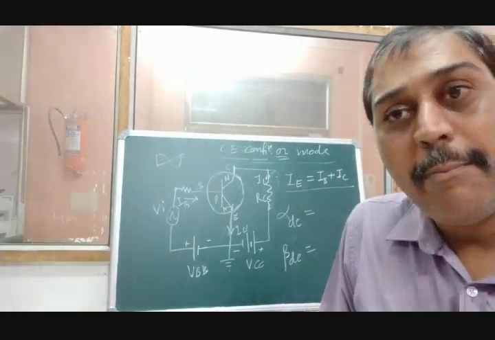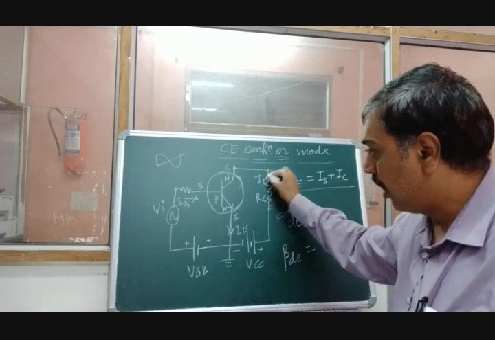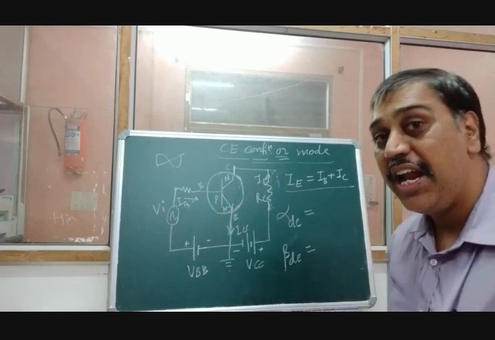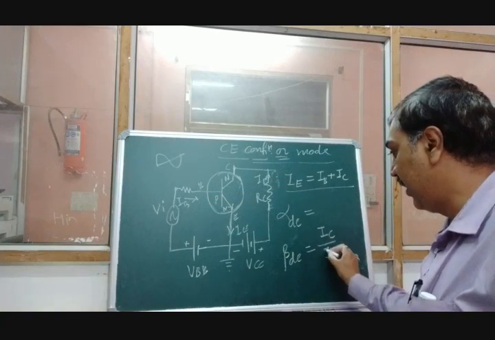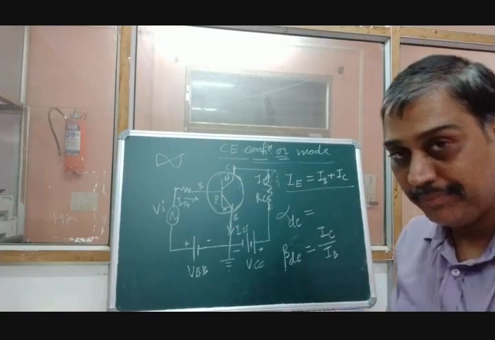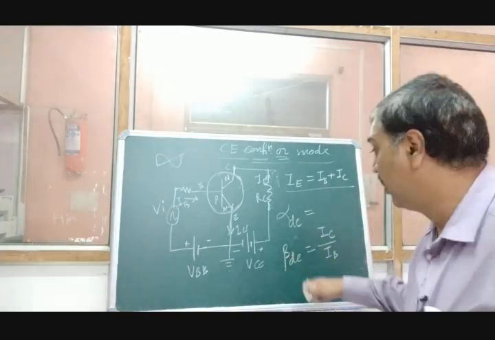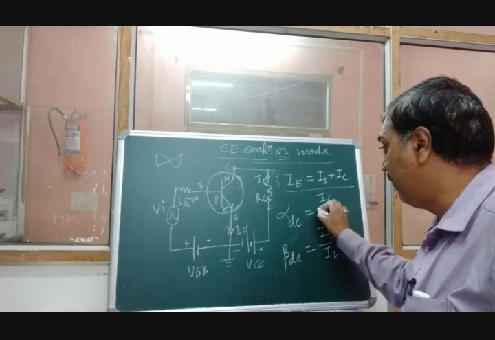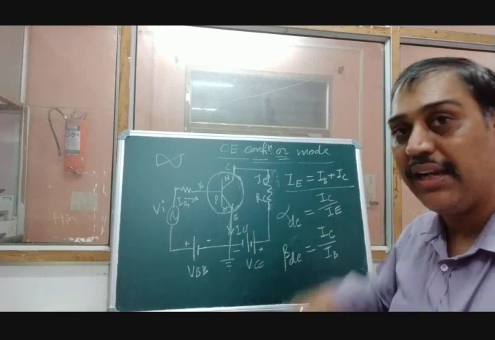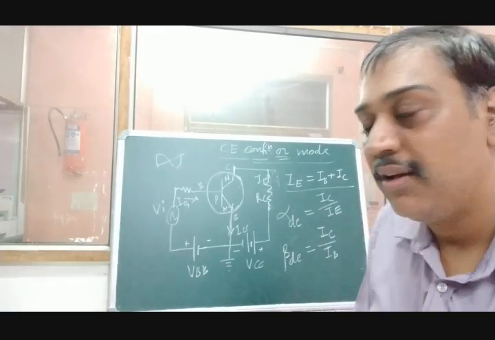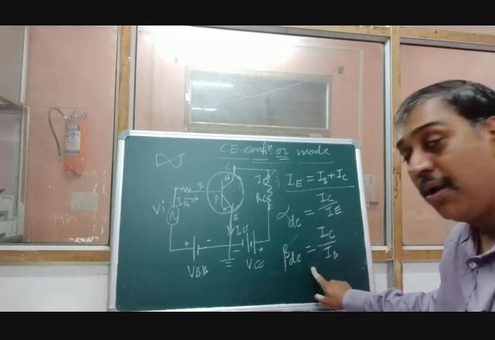Beta DC is the output current IC divided by the input current IB. At the same time, alpha DC is another current gain factor. It is IC divided by IE. That will give alpha DC. Output current IC divided by input current IB gives beta DC.